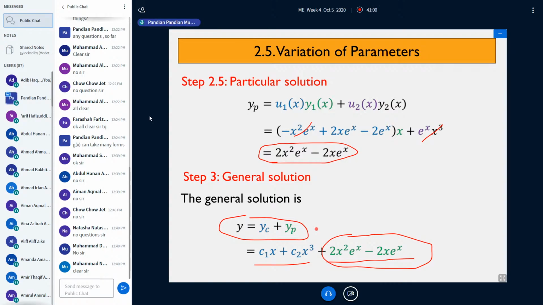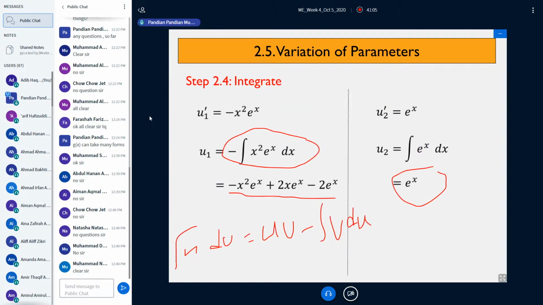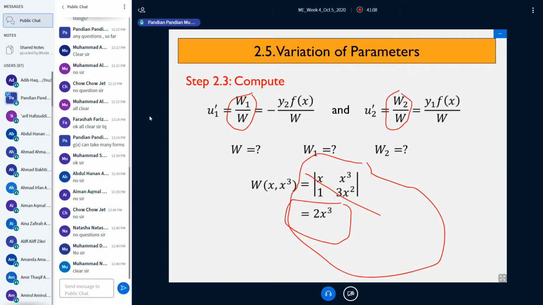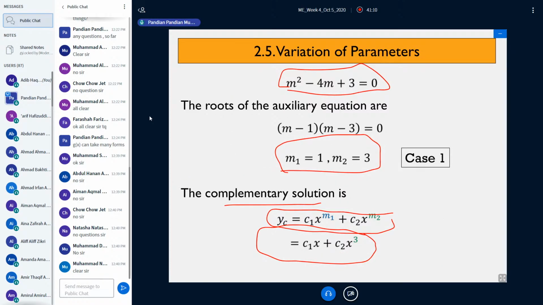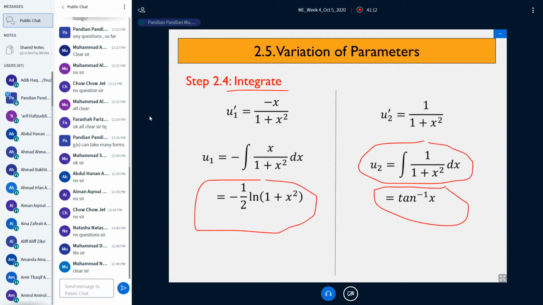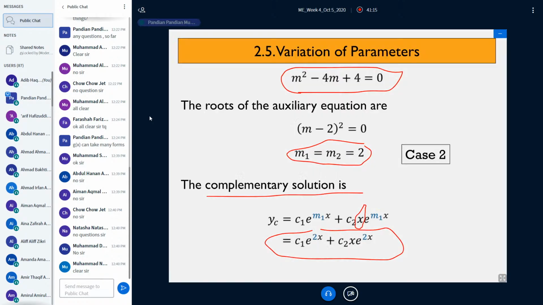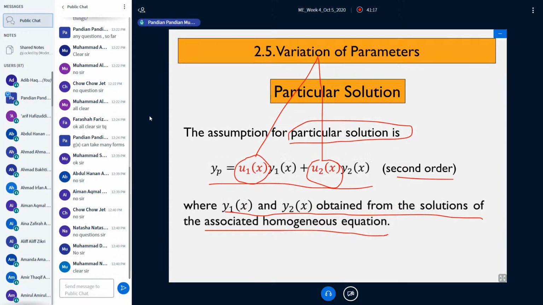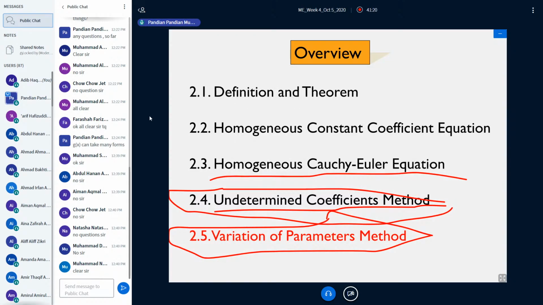So you got to summarize the whole section. The whole section includes 5 parts. 2.1 is the definition and theorem about homogeneous and non-homogeneous differential equations.